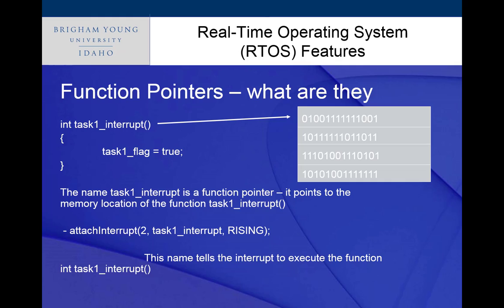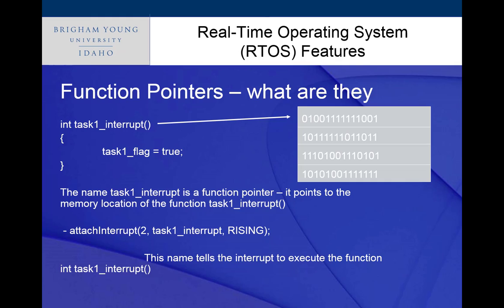Now we need to think a little bit for a moment about function pointers and make sure we understand those. And pointers again are just addresses, if you remember that from CS 124. So in this case, task 1 interrupt is a pointer to the very first machine code location that occurs in our task 1 interrupt function.